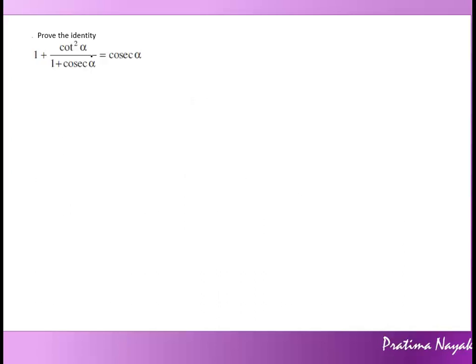Next, 1 plus cot square alpha by 1 plus cosec alpha is equal to cosec alpha. You can convert into sine and cos, or you can go directly by this. Okay. So LHS, I am writing 1 means 1 by 1. So 1 plus cosec alpha is your LCM. 1 plus cosec alpha plus cot square alpha.